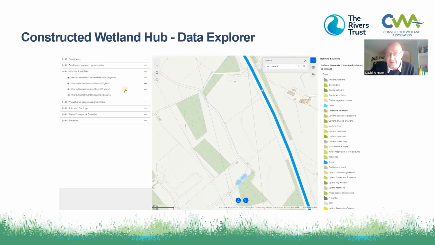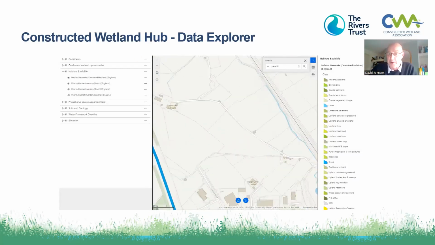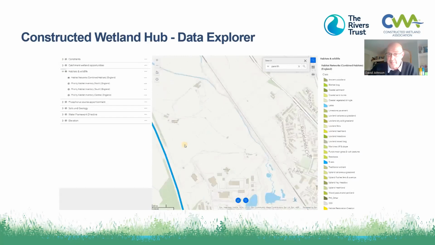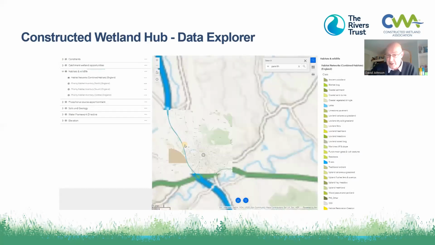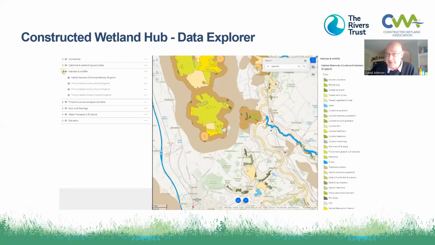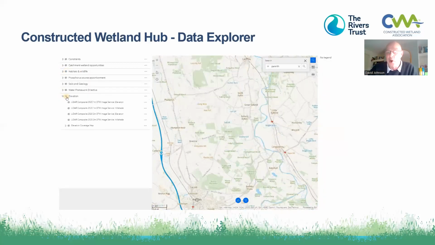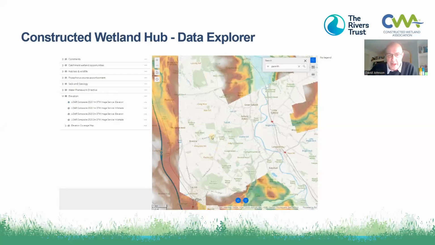There is, and as you zoom and pan around that area, you start to see whether there are any places, you can see the polygons there, where Natural England would prefer to see a different type of habitat, or they might want to see a wetland habitat. So it's really to try and get all that constraints data in there.